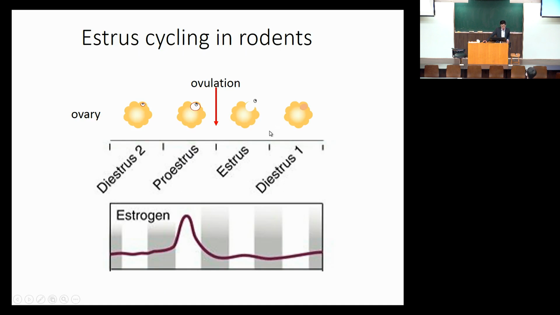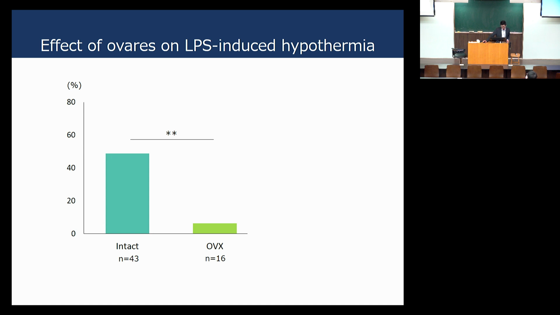And then we go forward more. What is coming from the ovary to affect this hypothalamic center? We focused on estrogen because in the proestrus stage, the estrogen concentration is very high, as you know. First, we ovariectomized the female knockout mice, removing the ovary. And then, interestingly, the ratio of LPS-induced hypothermia was greatly decreased.